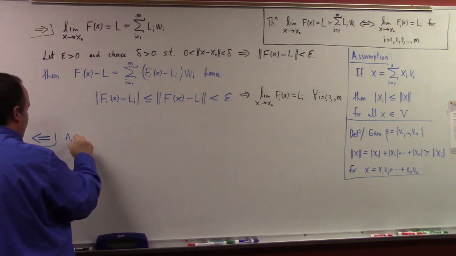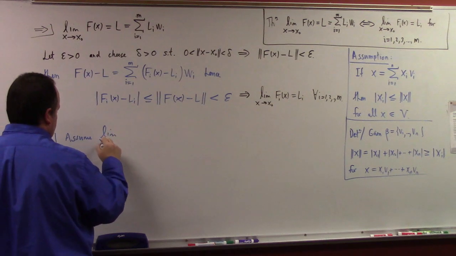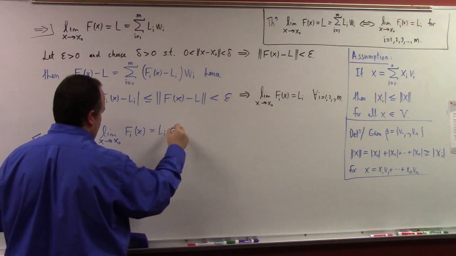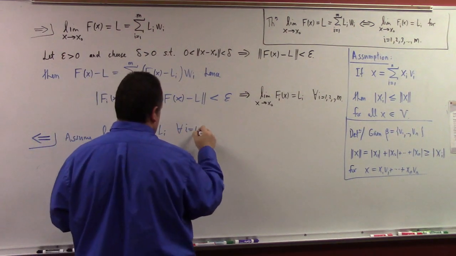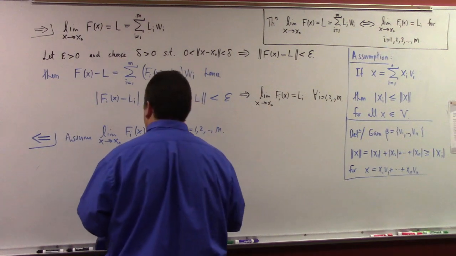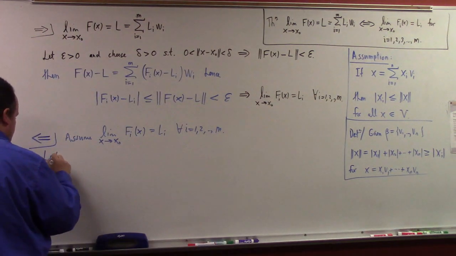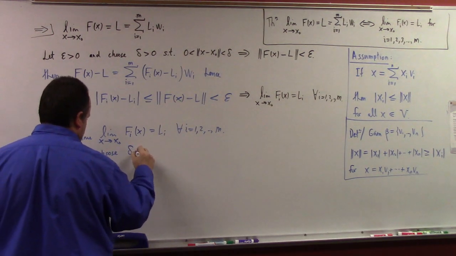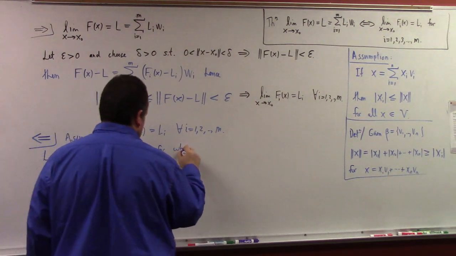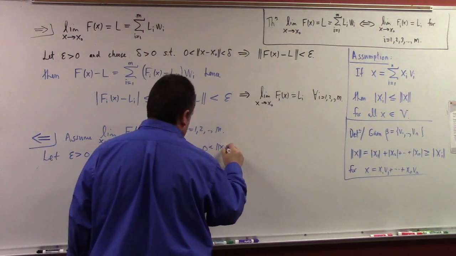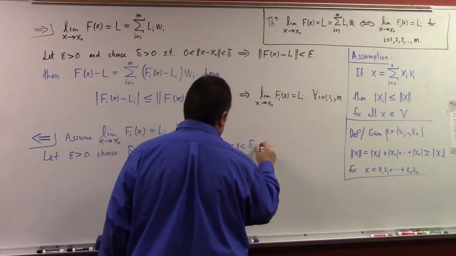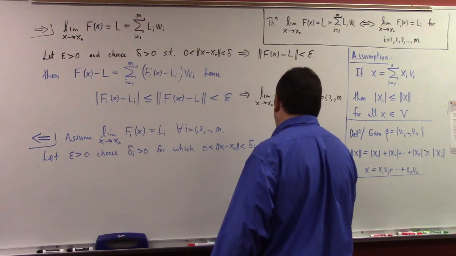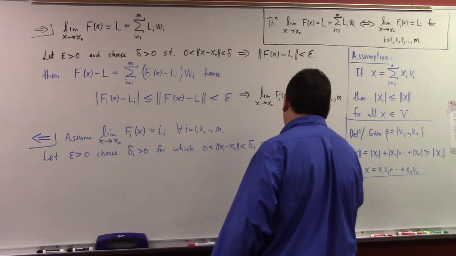assume the limit as x goes to x naught of f sub i of x is equal to L sub i for all i equals 1 to m. And then let epsilon be greater than 0. Choose delta sub i greater than 0, for which 0 less than norm of x minus x naught less than delta sub i implies the absolute value of f sub i of x minus L sub i is less than what?